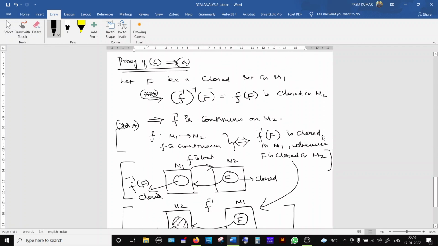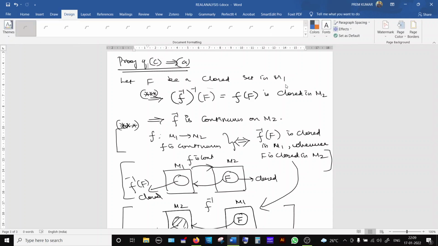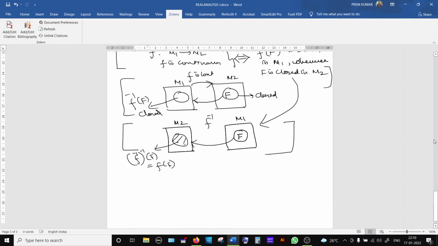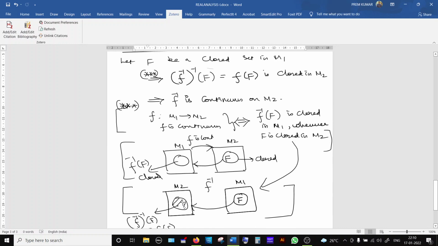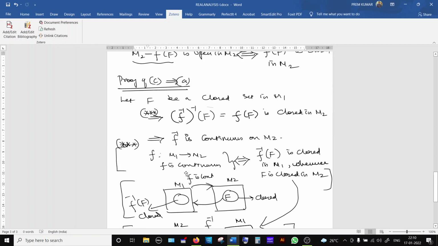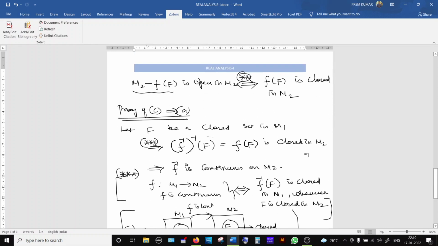So by using this result, since f is closed in M1, you can see the graph. Here you see F is closed in M1, then f of F is closed in M2. That's all.